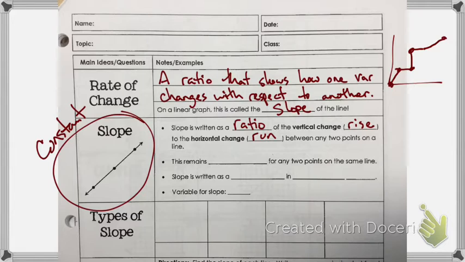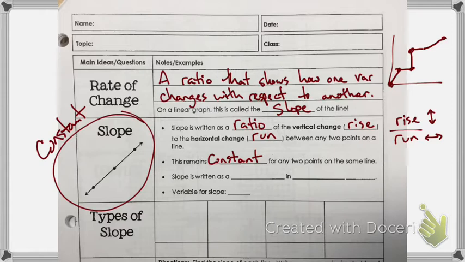Another way I like to visualize it is like rise, you'll hear people say rise over run, this ratio. And rise can mean vertical, and run means horizontal. So this remains constant for any 2 points on a line forever, which is cool. Because what that means is we can get the slope of a line using any 2 points on the line.